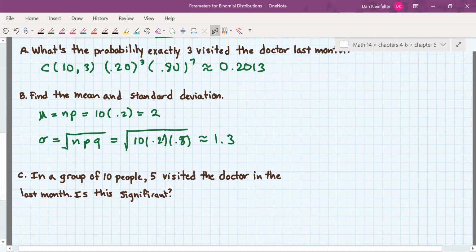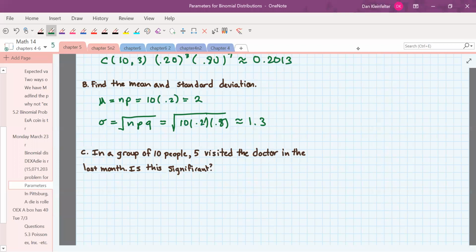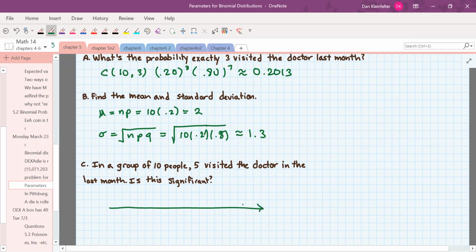Now it says in a group of 10 people, 5 visited the doctor in the last month. We'd like to know if that's significant. So let's see what we would consider to be typical. What's typical would be values within 2 standard deviations of the mean.